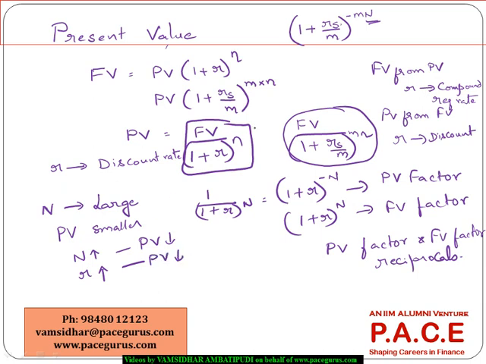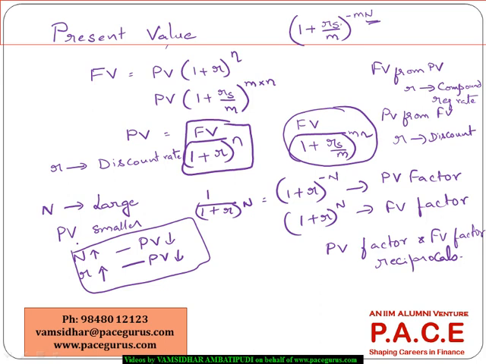So this is one more important relationship that we need to understand in this process. And even if the compounding frequency changes, these relationships hold true. As the number of time periods increases, the rest of the things not changing, the present value is going to go down. As the r is increasing and the rest of the things remaining constant, still the present value is going to go down.